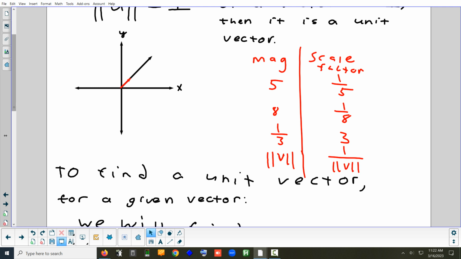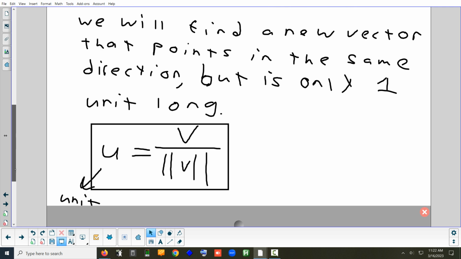So let's say you had a vector called v. If you wanted to take this vector and force it to be a unit vector, you would find how long it is, and that's what you would scale it by as a reciprocal. So if you found the length of it, took the reciprocal, and multiplied your vector by the reciprocal, it would force it to be 1 unit long.